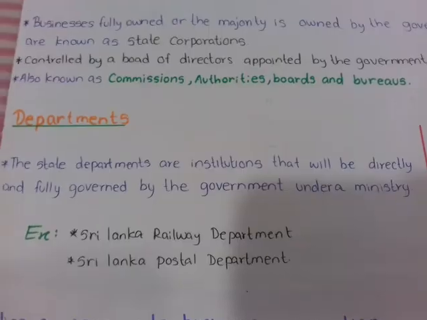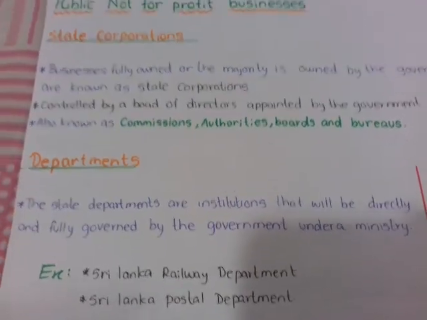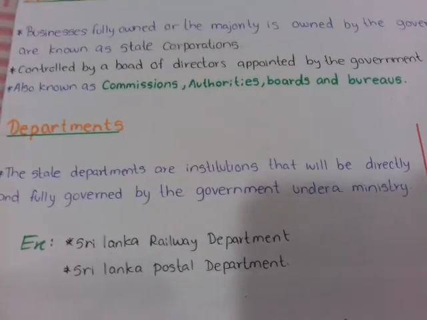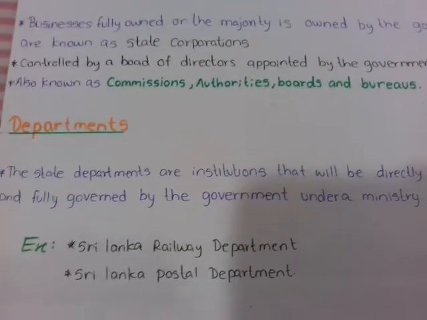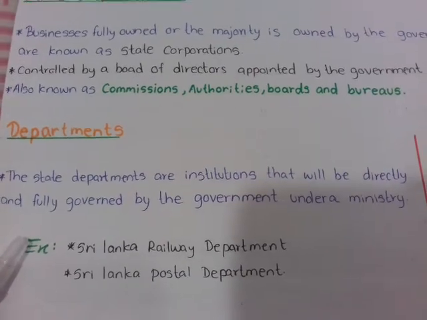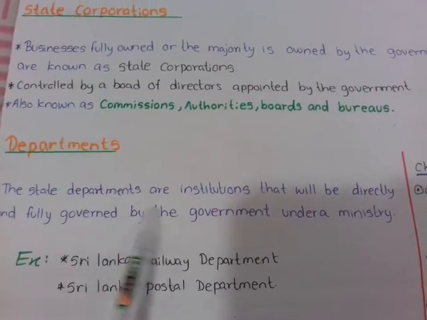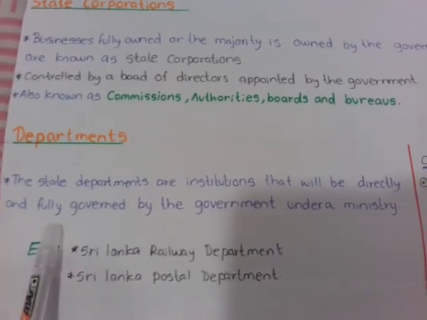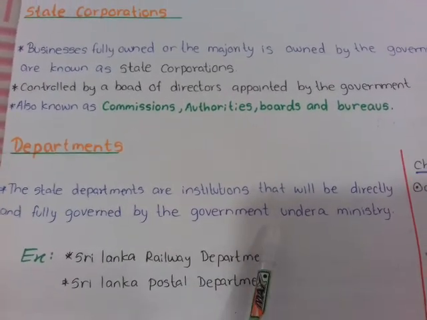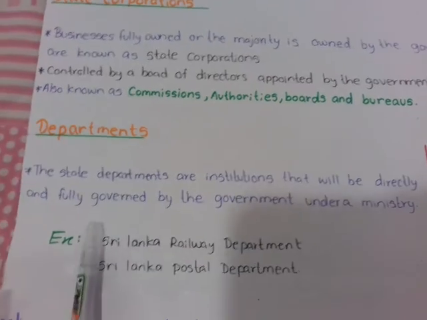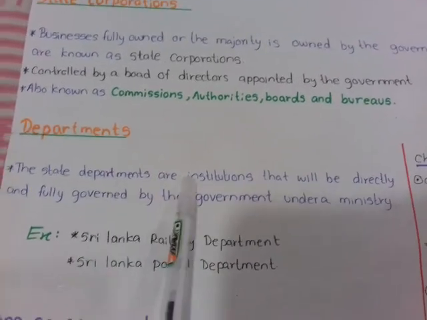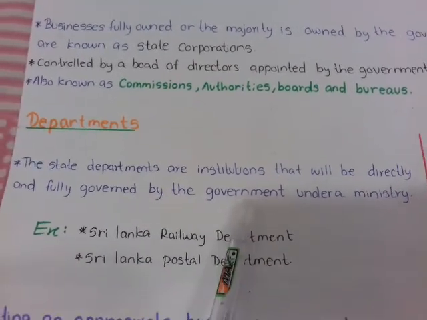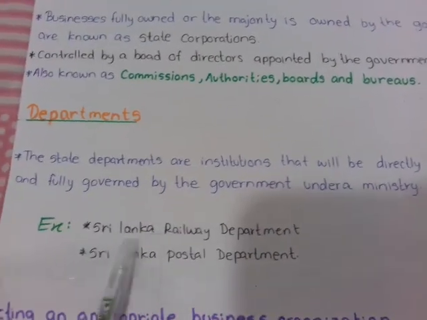So now let us hop on to departments, which is also a public not-for-profit business. So what are departments? These state departments are institutions that are directly and fully governed by the government under a ministry.